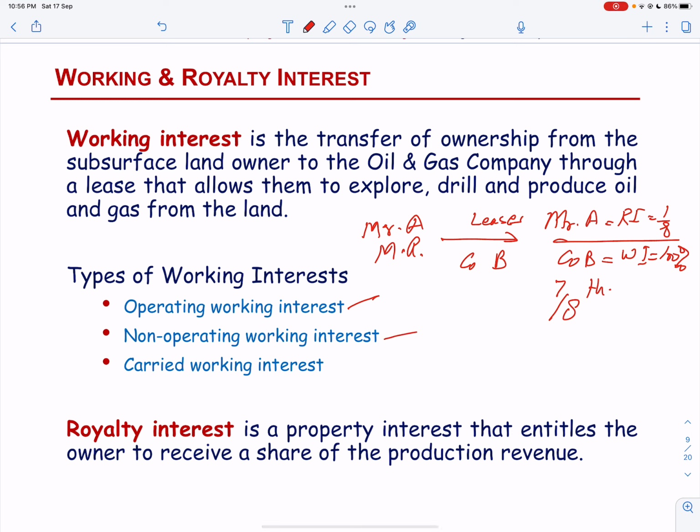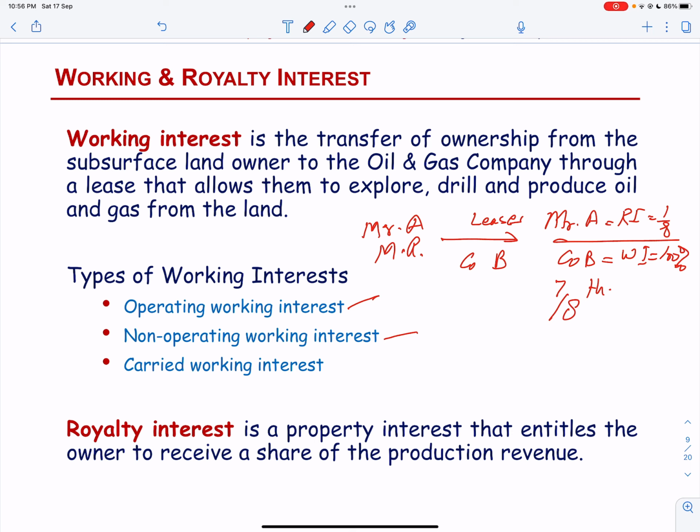Non-operating working interest comprises ownership interest in the well or lease or other production areas with no responsibility to operate or pay the operation cost of a producing unit.